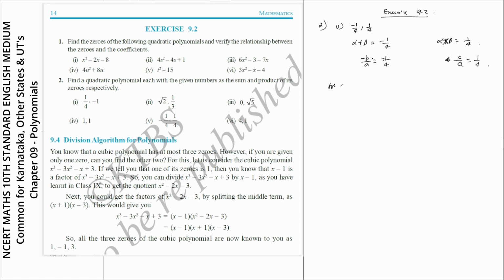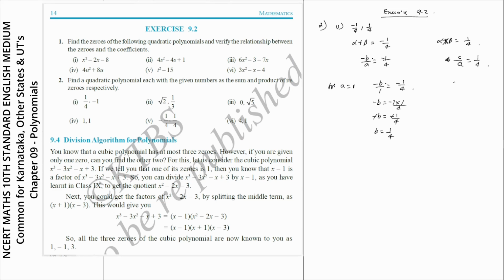So for a is equal to 1, I will get minus b by 1 is equal to minus 1 by 4. So if I cross multiply, minus b is equal to minus 1 into 1 by 4. So minus b is equal to 1 into 1 is 1 only, so minus 1 by 4. So both sides negative sign is there, I can cancel. So b is equal to 1 by 4.